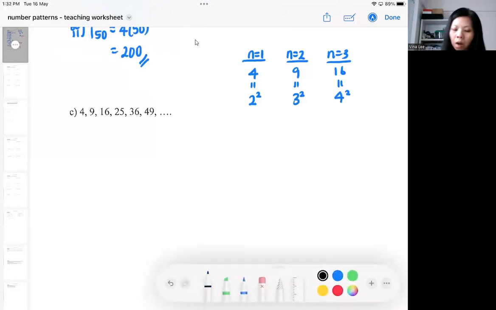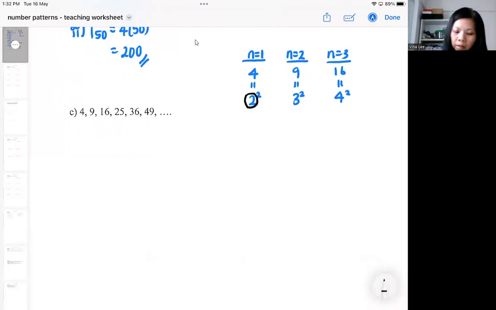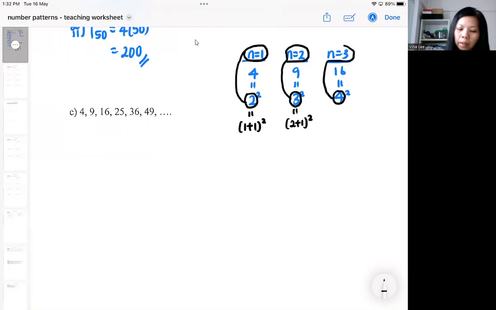And how is this related to n equal to 1? Look carefully, it's 1 plus 1 squared. How is this related to 2? It's 2 plus 1 squared. How is this related to 3? This will be 3 plus 1 squared.